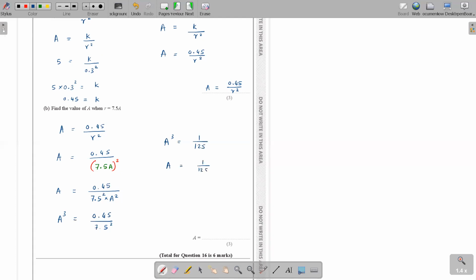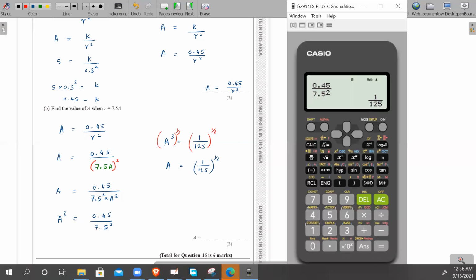So A equals, what do you need to do? You need to take the cube root, or the power of 1 over 3. You take the 1/3 power on both sides, so it removes the power 3. So A equals 1 over 125 to the power 1 over 3. Some of you may already know this even without typing it in the calculator. It's simply 1 over 5.